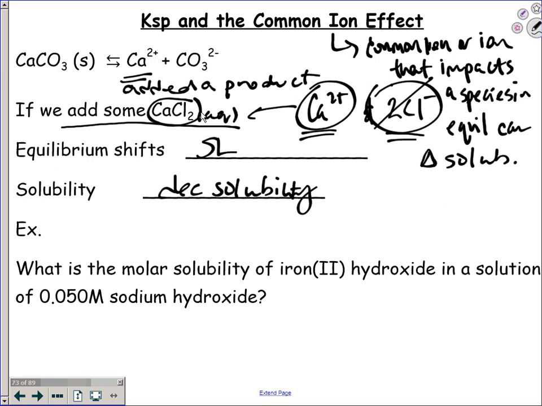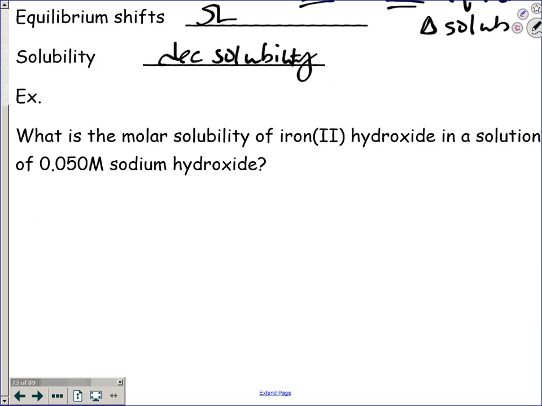All right, so looking at this example, what's the molar solubility of iron 2 hydroxide in a solution of 0.05 molar sodium hydroxide? Okay, we're looking at what true equilibrium here? What's the equation? Not sodium hydroxide, because sodium is a group 1A metal.